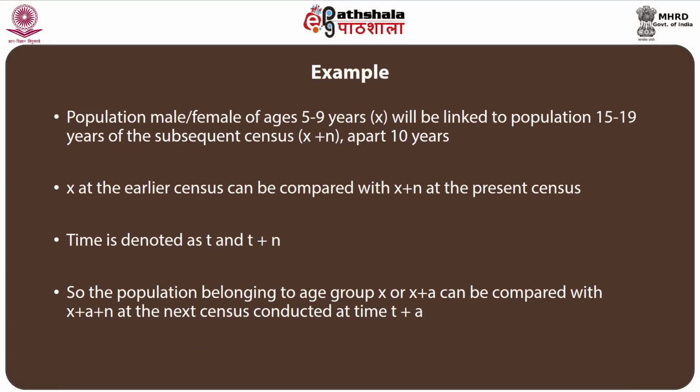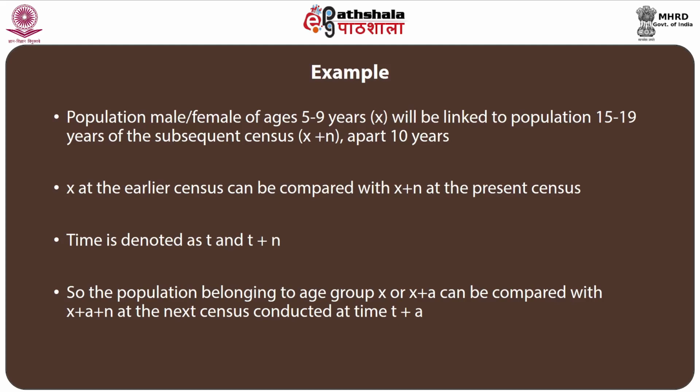For instance, the population of males or females between ages 5 to 9 in one census will be linked to the population aged 15 to 19 in the subsequent census, a gap of 10 years.